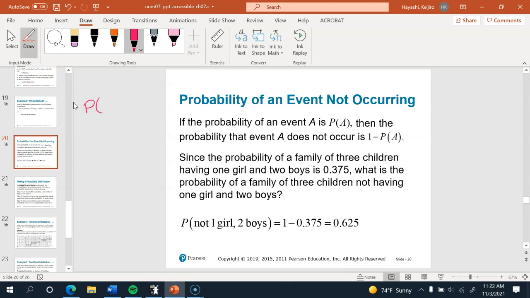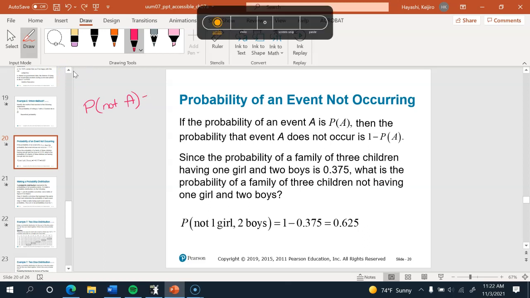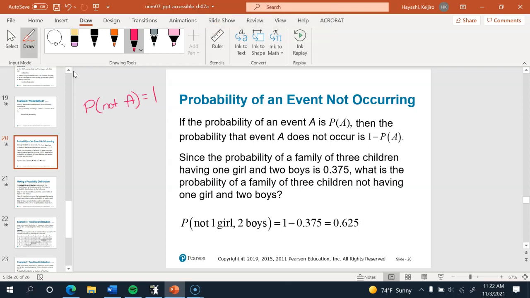So the probability of A not happening, in a sense, is the opposite of the probability of A. But since we're talking about probabilities, the opposite is going to be given by 1 minus the probability of A. That's how we get the opposite of something. So, for example, let's say the chance of rain, right?